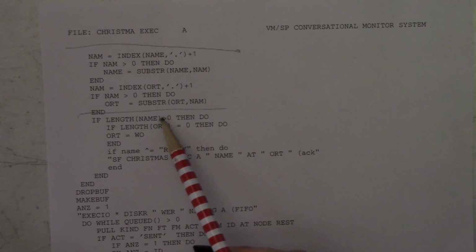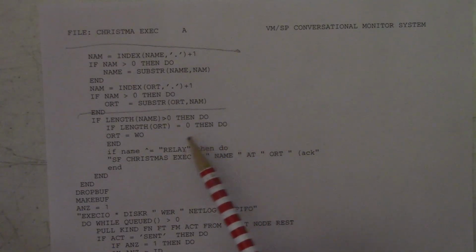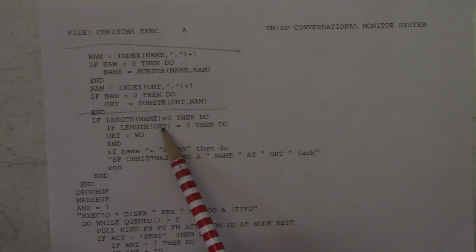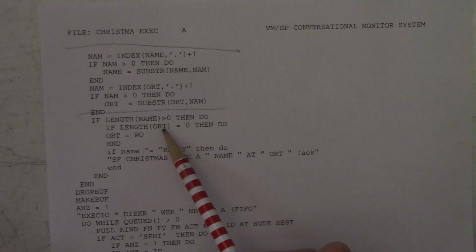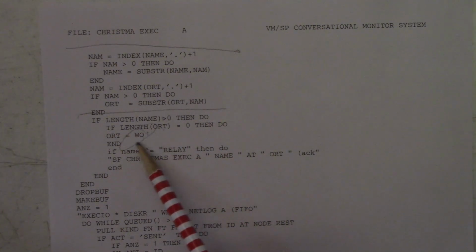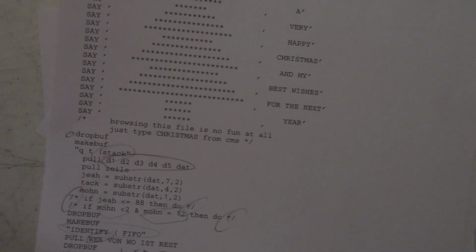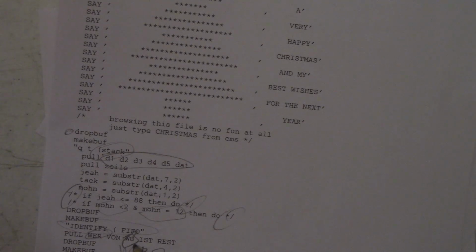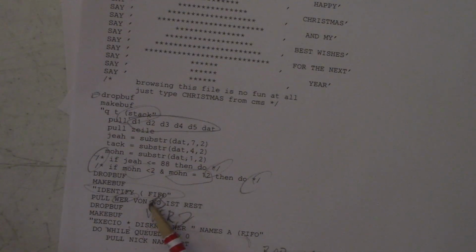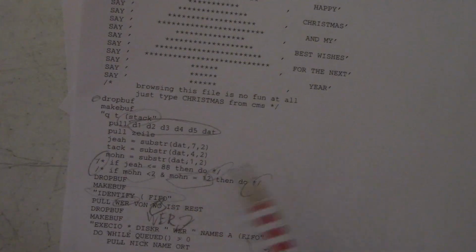Then, as long as the name has reasonable length to it, and the node name is not there, that means that it's on this local node. Because what's whoa? These variable names are ridiculous. Whoa is from identify, and identify tells us all sorts of information, including our username and the node ID.